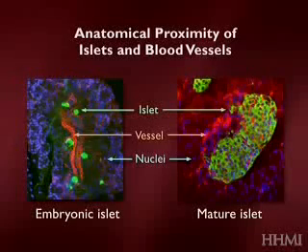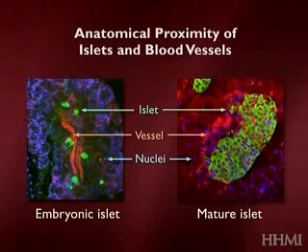You see here on the left an embryonic islet where the islet is just beginning to grow. It's stained in green, and it's next to a red blood vessel there, and the other nuclei are just stained blue. As development proceeded to a mature adult, again the islet is in green, and you see it's invested with vessels, all like a spider web all through it. They're always right next to it.